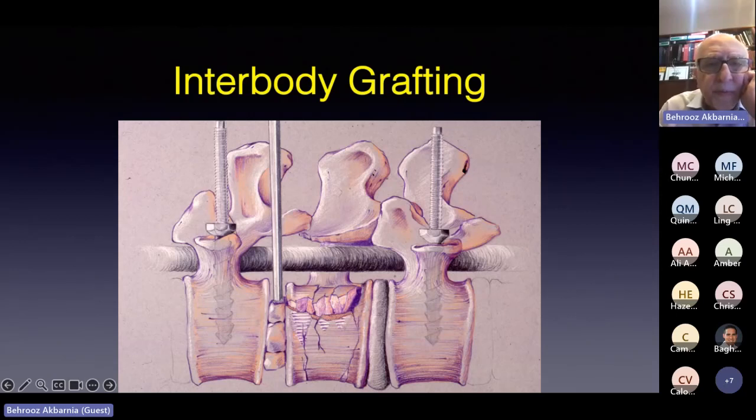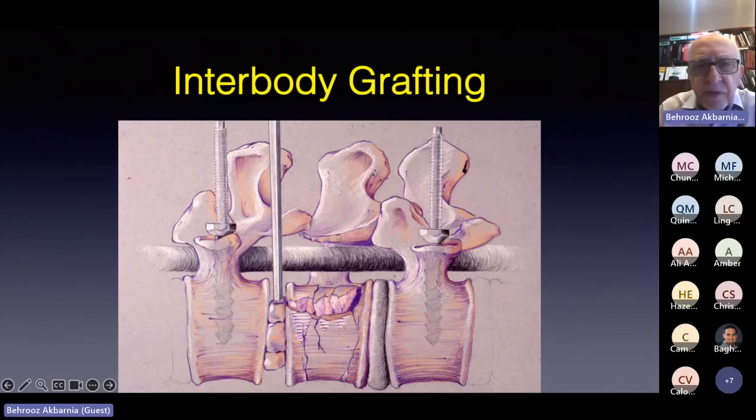After that, you can see the fragments that have been reduced, and the superior end plate has been cleaned. And these are bone grafts.